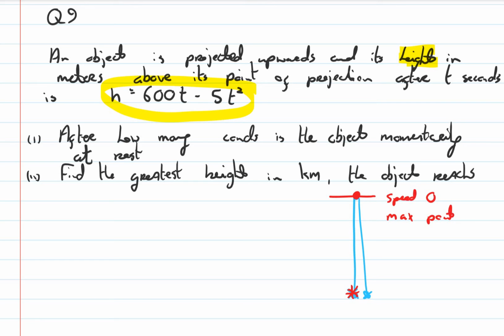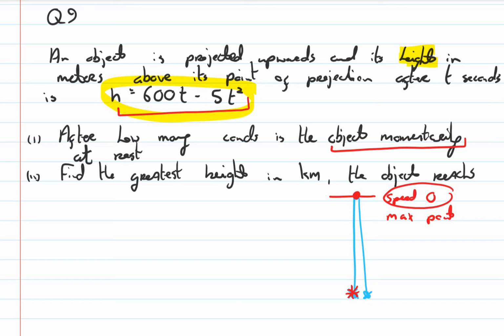Whichever way you look at it, it's to do with speed, so you're going to differentiate that and let it equal its speed, which is 0. If you look at it as just a maximum point, you're still going to differentiate this and let it equal 0. So it's the same thing. Maximum points or minimum points, the speed is always 0. So the object momentarily comes to a standstill at its maximum point or when its speed is 0.